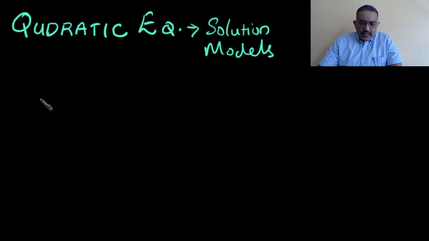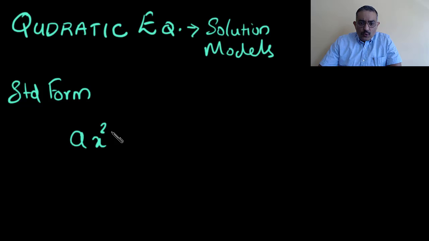And before we get into the details of the solutions of a quadratic equation, let's just recap what a standard form is. Standard form of a quadratic equation is ax squared, so we have a square term of the variable with a coefficient a, and then bx.